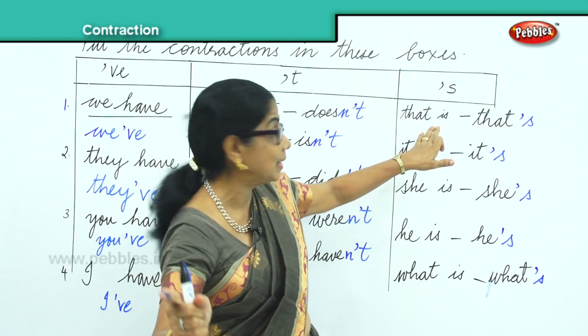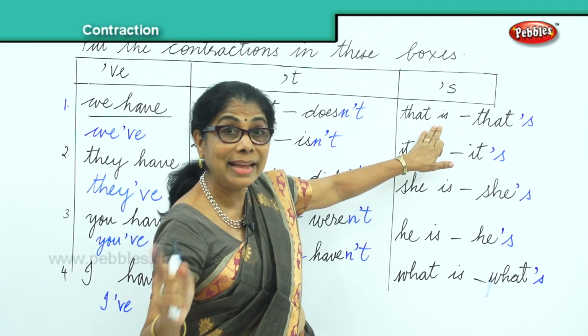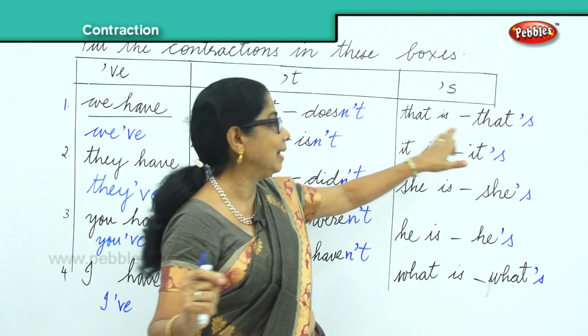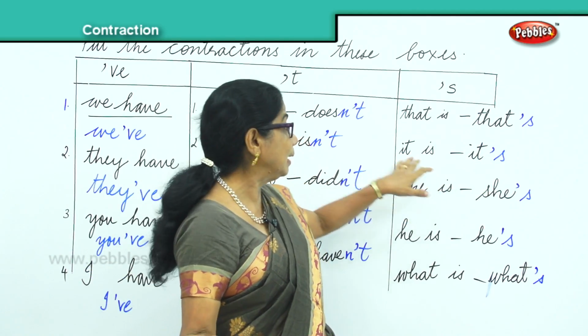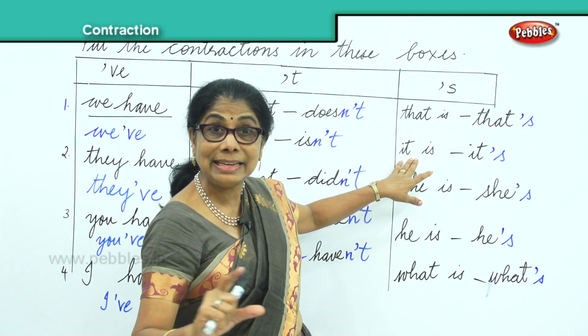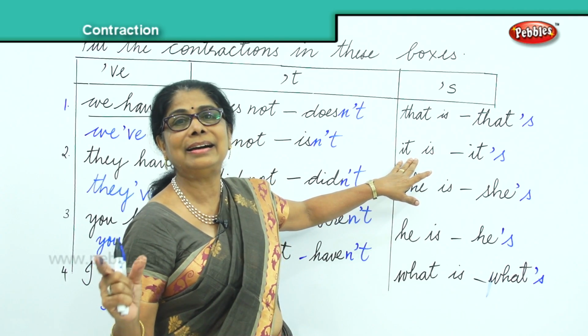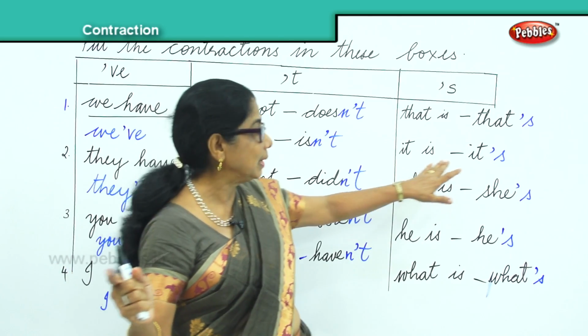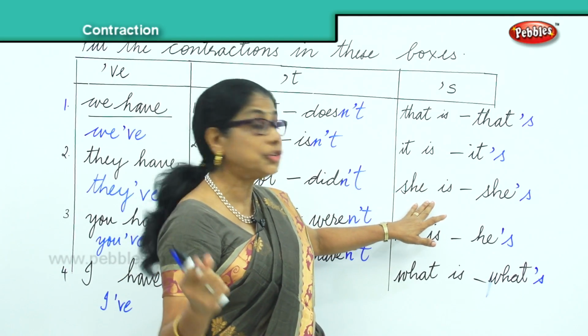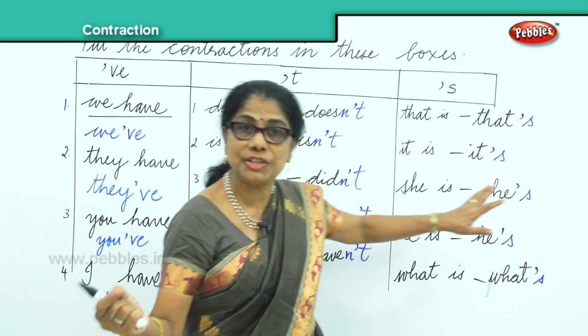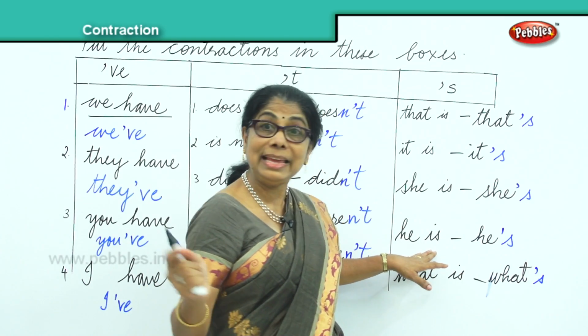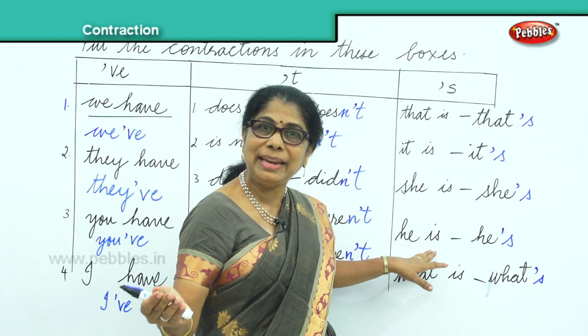So, look at this again. That is a snake. That's a snake. It is a box. It's a box. She is. He is a good painter.